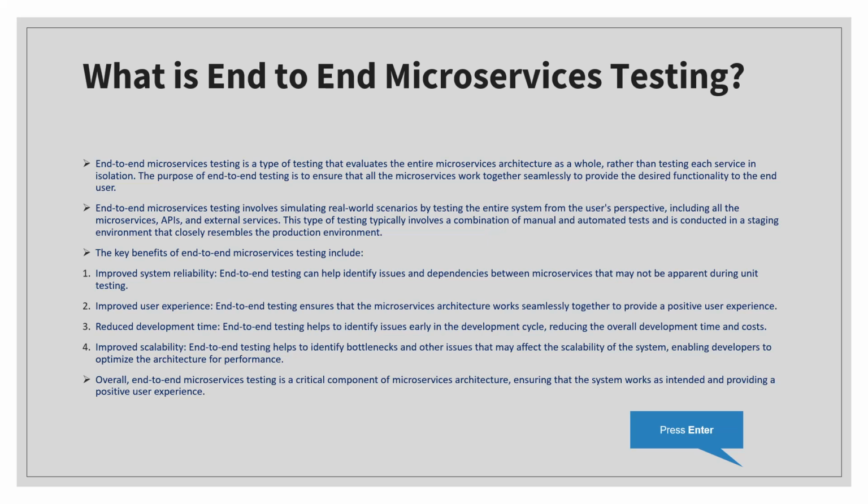End-to-end testing ensures that the microservices architecture works seamlessly together to provide a positive user experience. Third, reduced development time. End-to-end testing helps to identify issues early in the development cycle, reducing the overall development time and cost. Fourth, improved scalability.